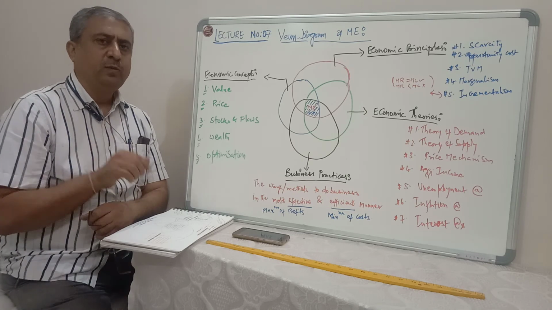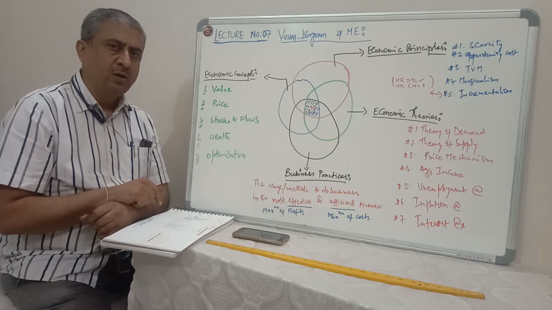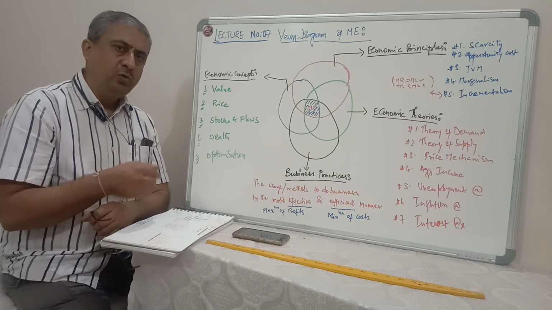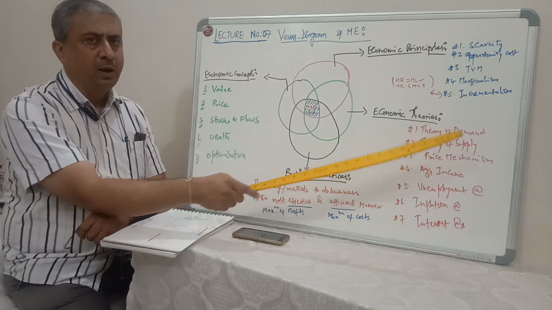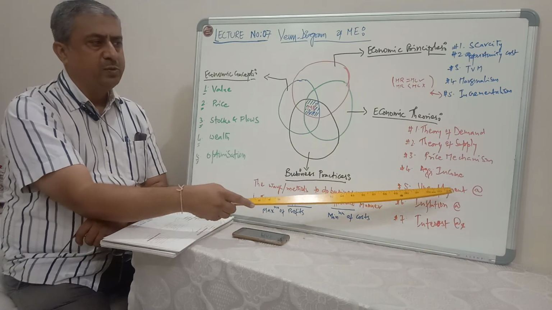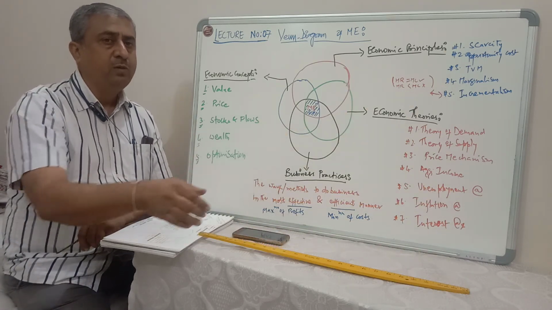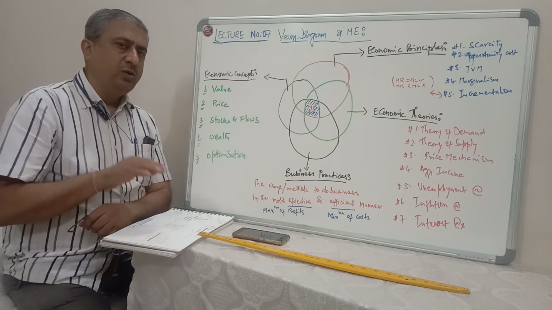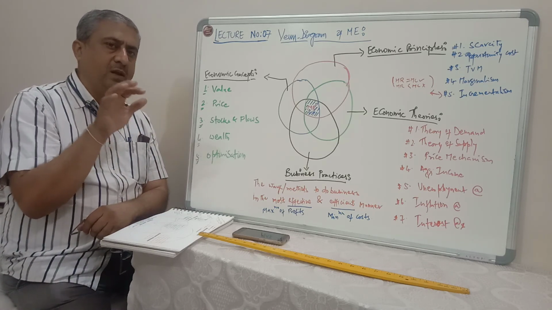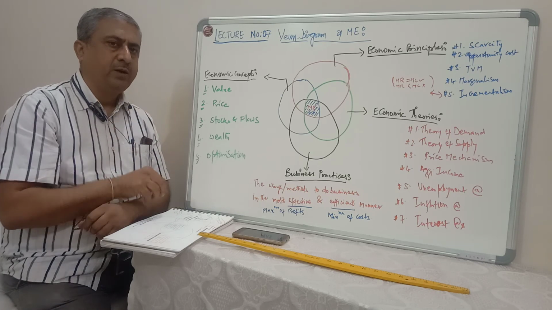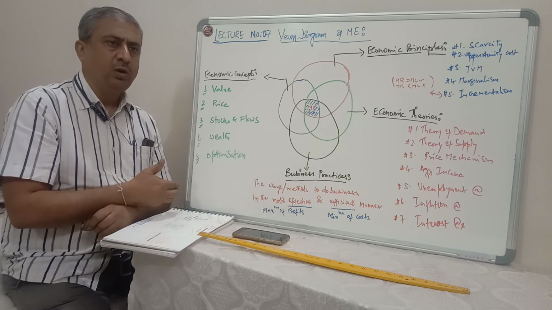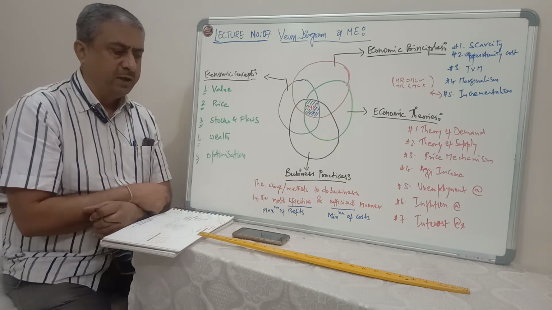So even though the prices of raw materials have gone down considerably, you are not going to manufacture more of that product because you have to see whether that product has demand or not, whether people's incomes are rising or not, whether people really want to buy that product or not. What are you trying to do? You're trying to create a market for a product which is non-existent. So this is what managerial economics is all about.